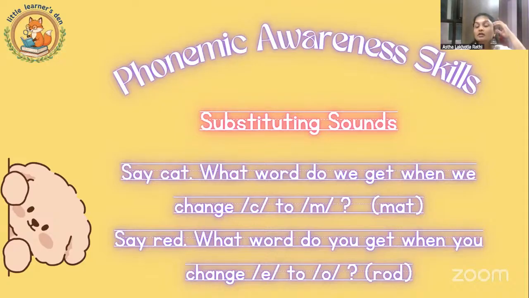Or to increase the level, we can do lap, replace the sound a with e. So they will come up with lip. Of course, after blending, and we have to sound it out to them. Then red to rod, on the screen you can see.